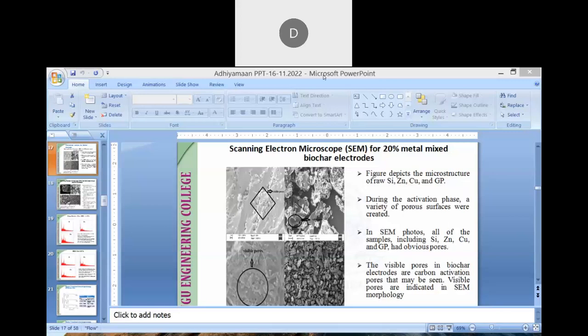It depends on which materials you are going to use. For example, if you are using the tannery effluent, which consists of numerous bacteria, since we have taken the real effluent, a combination of various bacteria is present.